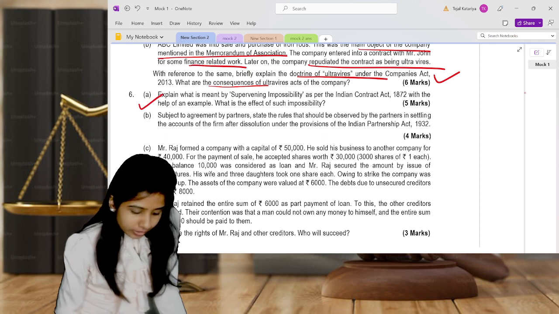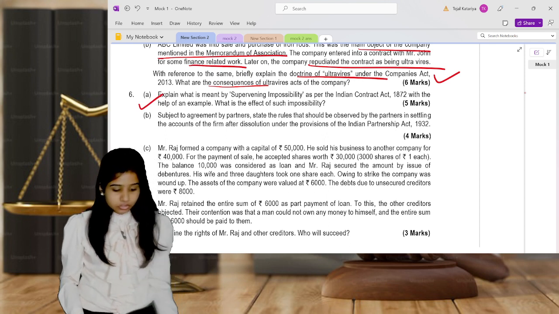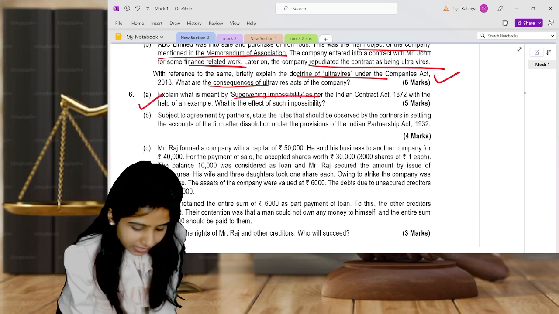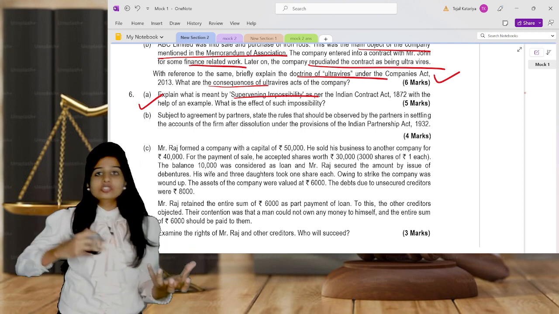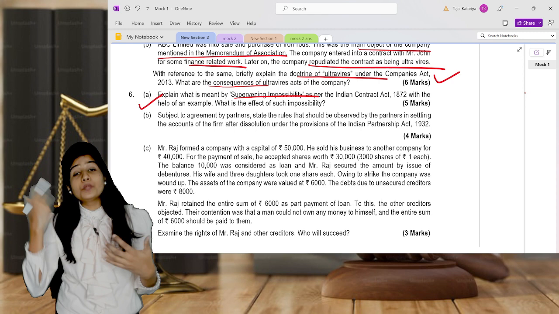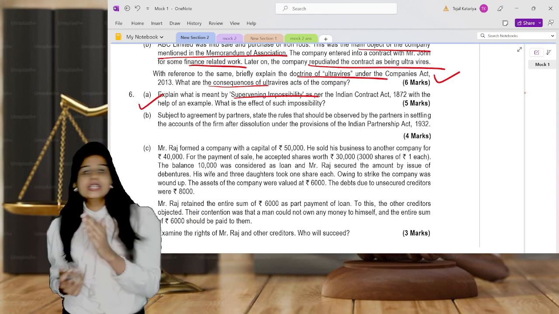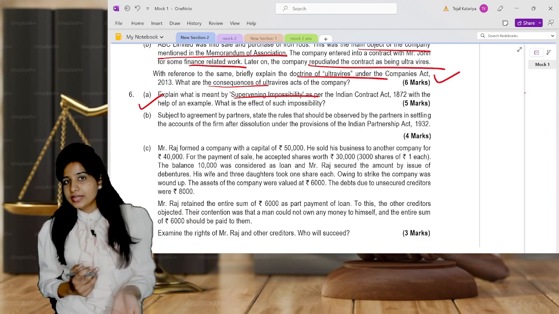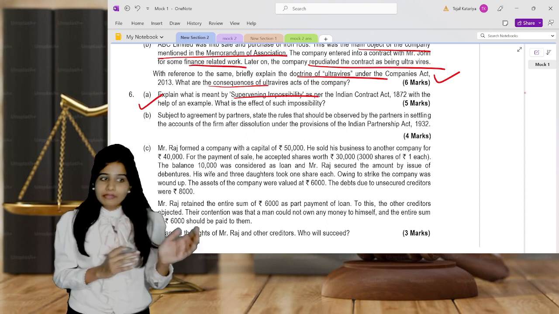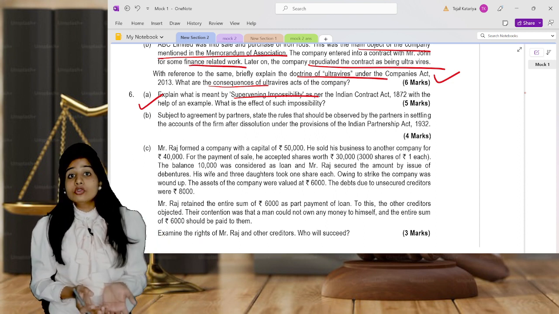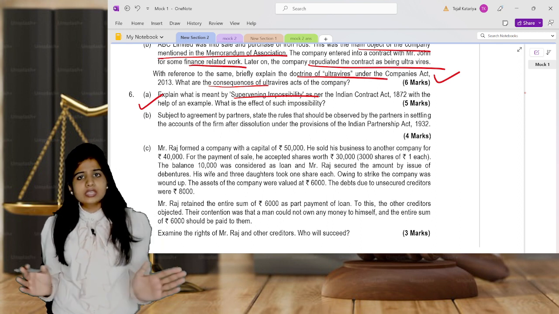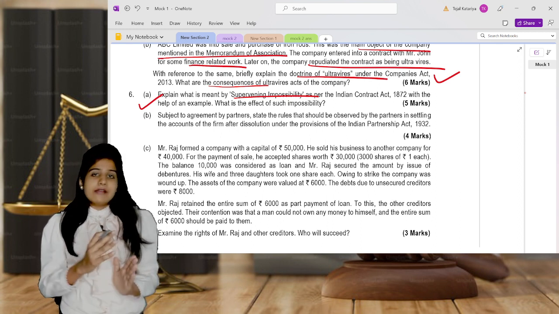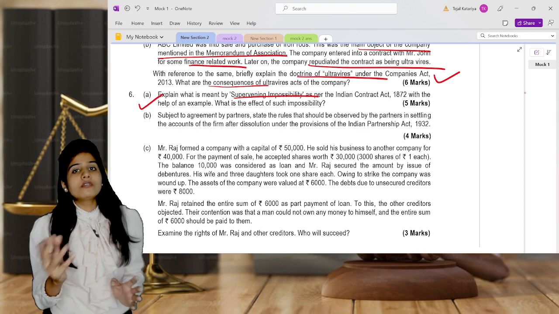The next very important concept or question is basically on supervening impossibility. There are 2 types of impossibilities. One is initial, and the second is supervening. Initial means from the beginning itself it is not possible to perform that contract. Supervening means when you are entering into the contract, it was a valid act, everything was okay, but afterwards, after some time, it becomes impossible to perform that contract.